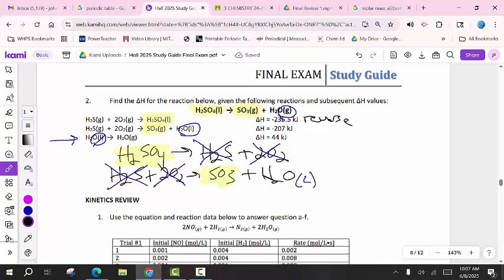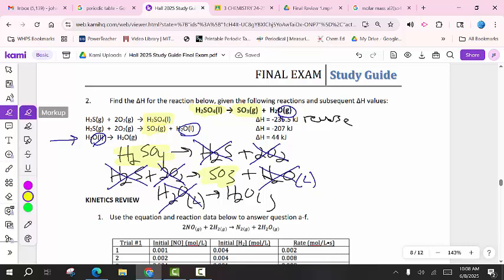So I'm going to use the last reaction there with water as a liquid turning into water as a gas. And we can see that the water as a liquid will cancel out, and we'll highlight the water as a gas because that's what's in the overall reaction that we're looking for.